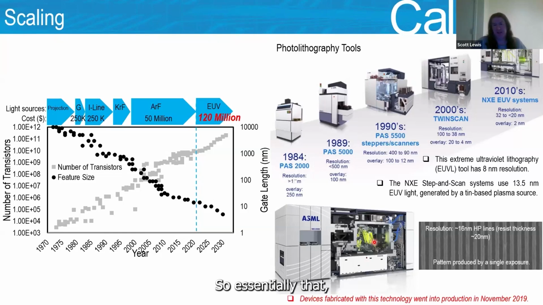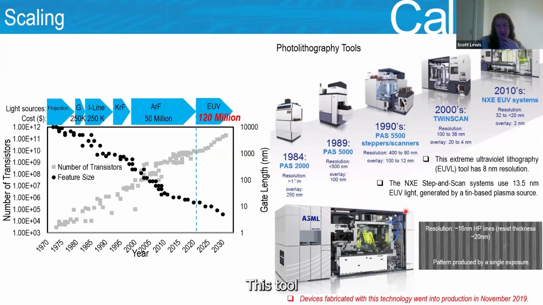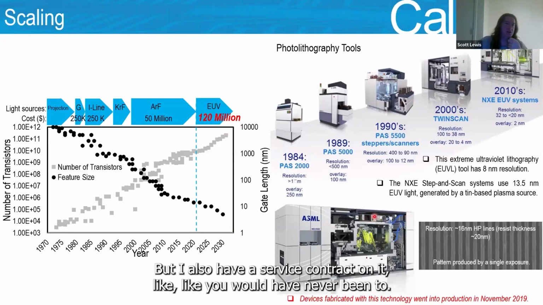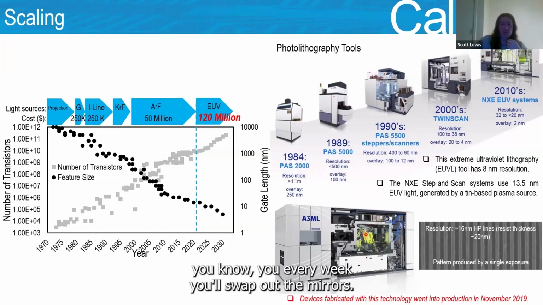These tools are very expensive. ASML are quite lucrative; they're the only company in the world that can actually deliver this. This tool they will sell, and I'm now told it's double that. But they'll also have a service contract on it, like you would with an e-beam tool. That service contract is, every week you'll swap out the mirrors.